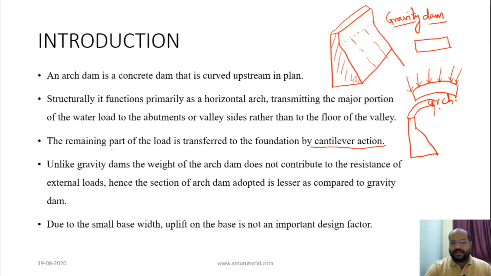But since the stabilizing force in an arch dam is not the weight of the dam, the section of the arch dam may be lesser in comparison to the gravity dam. It is less thick. The main load transfer mechanism is through the arch action and the cantilever action to the foundation.